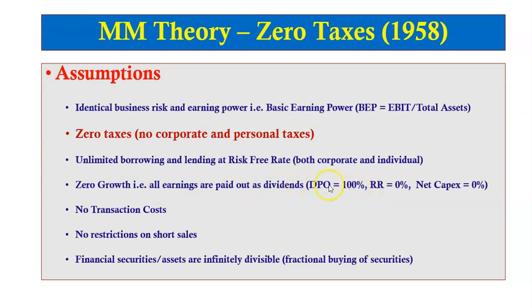So we have 100% dividend payout and 0% retention ratio, which also implies that the net investment in operating capital is zero. There are no transaction costs, no restriction on short sales, and the ability to buy fractional securities, that is being able to buy 0.5 share of a company. Keeping these assumptions, we can show that debt does not create value.